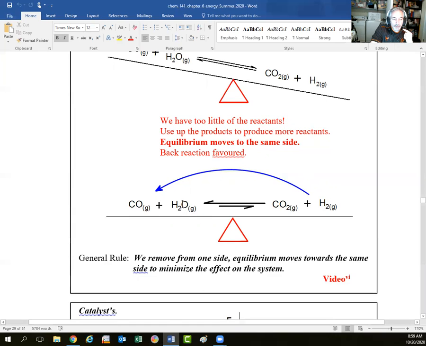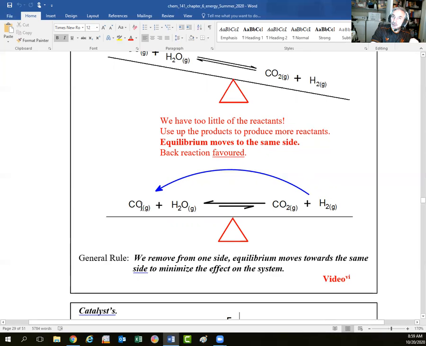So we've got fewer collisions with molecules of carbon monoxide. The number of collisions decreases between these chemicals, and the rate of the reaction slows down. But that's specifically the rate of the forward reaction, which depends on collisions between these chemicals. We have not affected collisions between carbon dioxide and hydrogen because we didn't remove or add those chemicals.